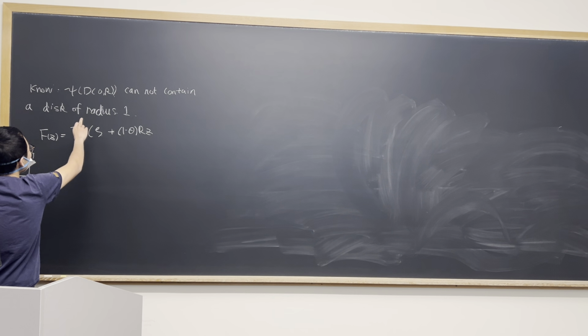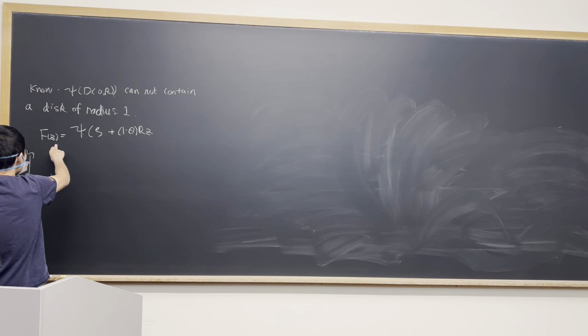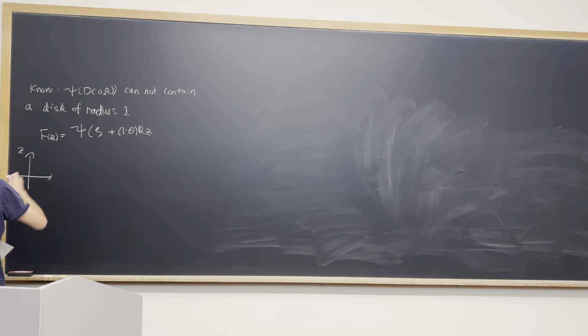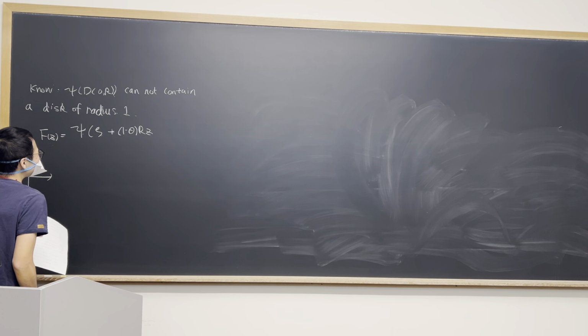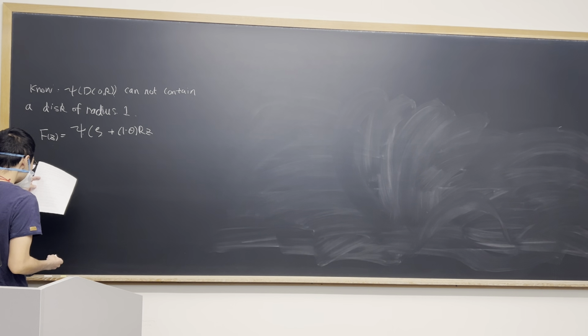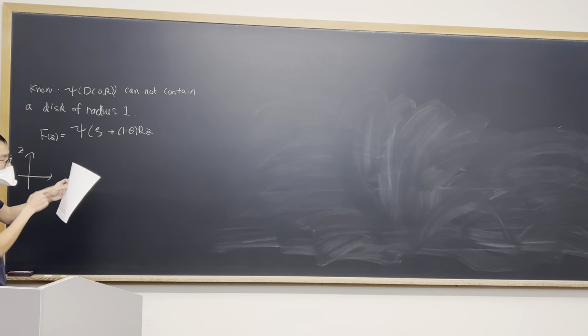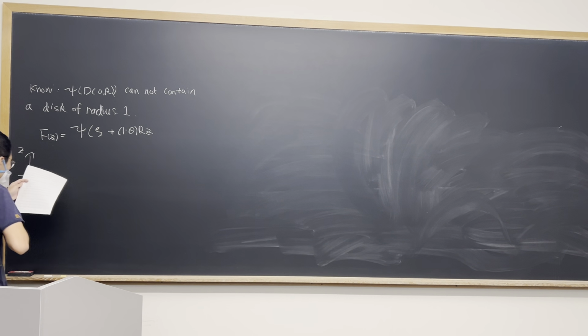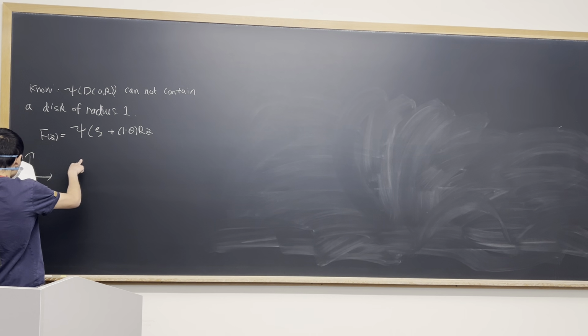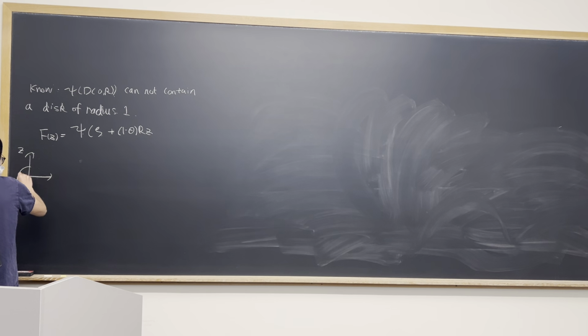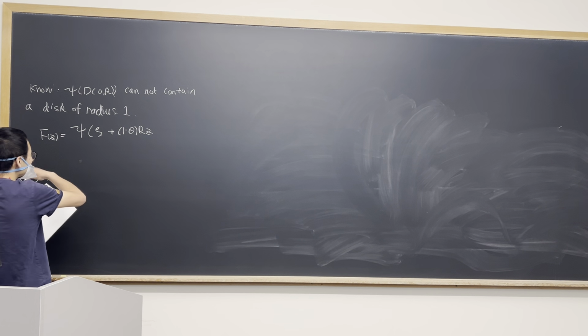So let's say that this F is being defined on, wait, where is this F defined? Let me check. Okay, this F is being defined on the unit disk. Sorry, I made an error on the last slide. So take this unit disk, and then you dilate.